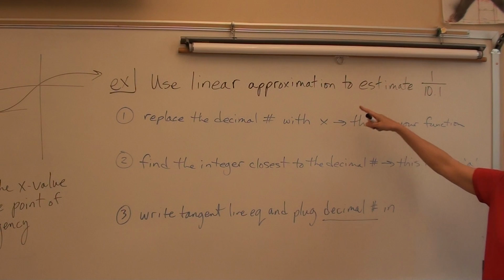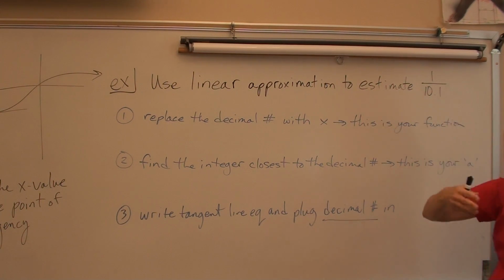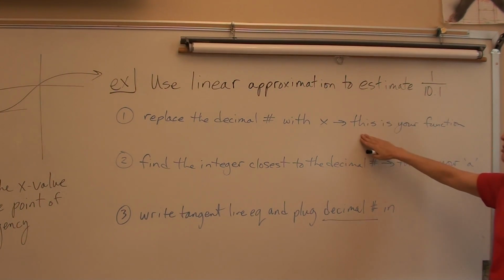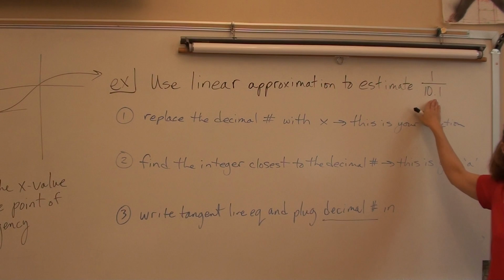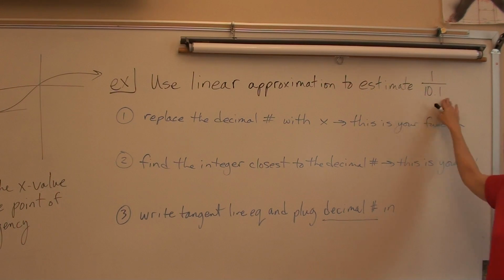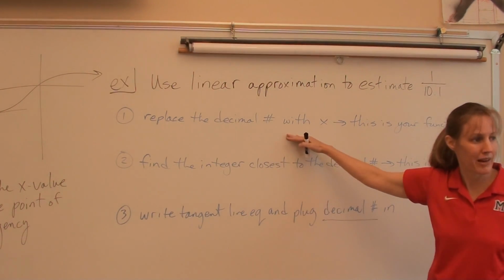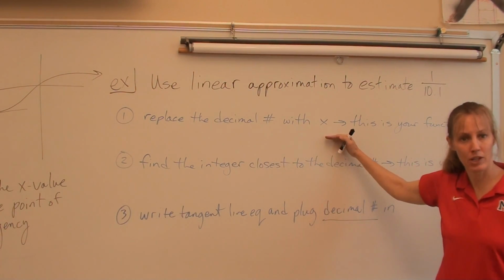So when you're handed a problem and you aren't told explicitly the function and the point, this is how you find it. The first thing you do, there's always a decimal number, a number with a decimal, 10.1, 8.2, negative 3.05, whatever. You're going to replace that decimal number with the letter x, and that's your function.